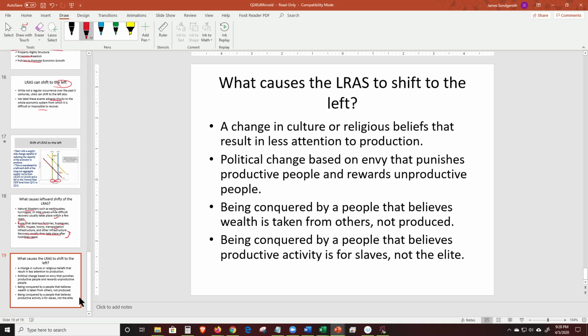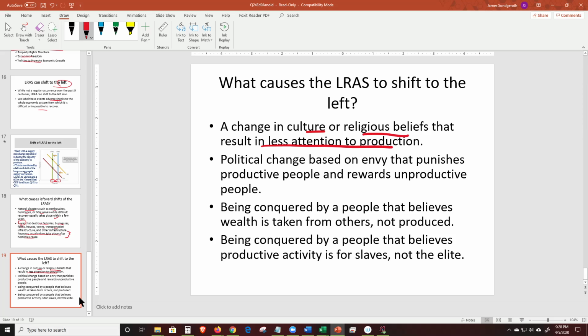Now, here are ones that are hard to recover from: a change in culture or religious beliefs that results in less attention to production. Maybe there's more spiritual, less material desires. Okay.